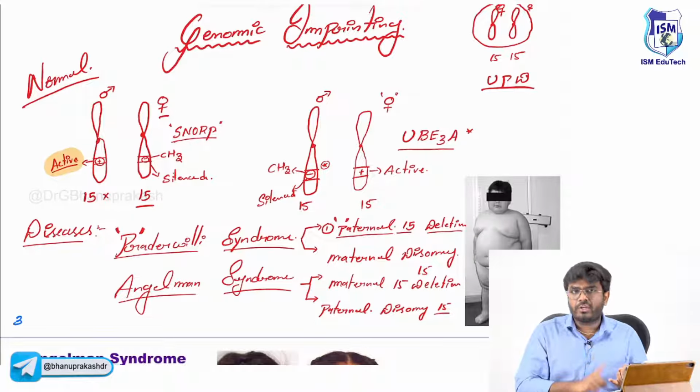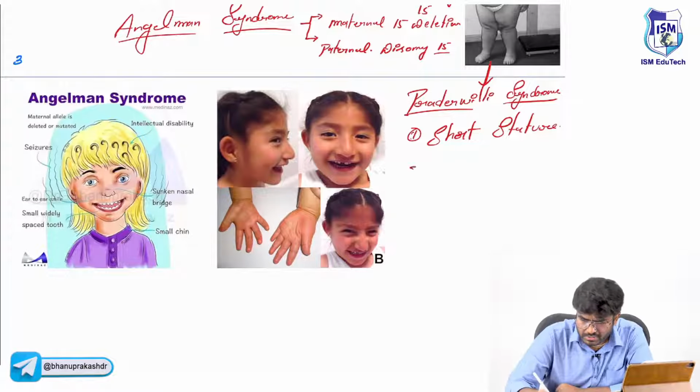In Prader-Willi syndrome, what are the clinical features, sir? See, this is the guy who is suffering with the Prader-Willi syndrome. Now what clinical features are going to be seen? Clinical feature number 1, short stature. Second, obesity is going to be seen.